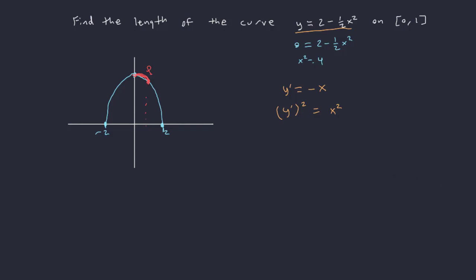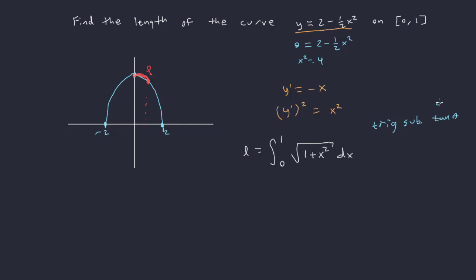So when we set up our integral, our length is the integral from 0 to 1 of the square root of 1 plus x squared. And this is going to unfortunately be a trig sub. Hopefully not that bad of a trig sub. It's going to be a tangent one.